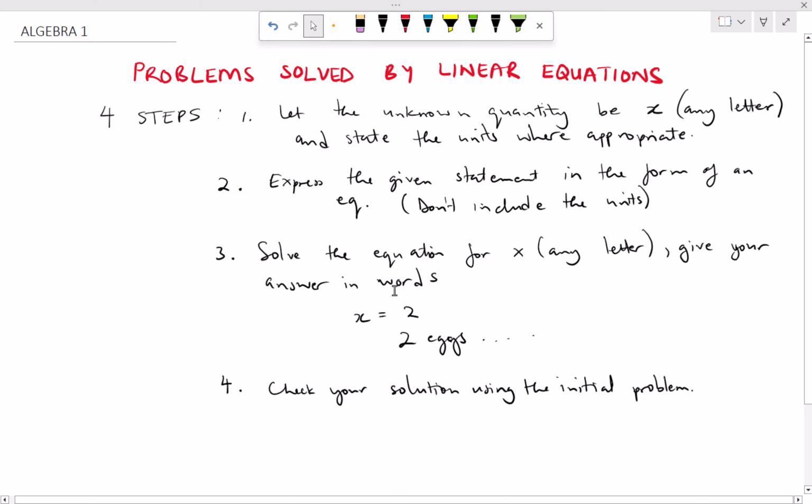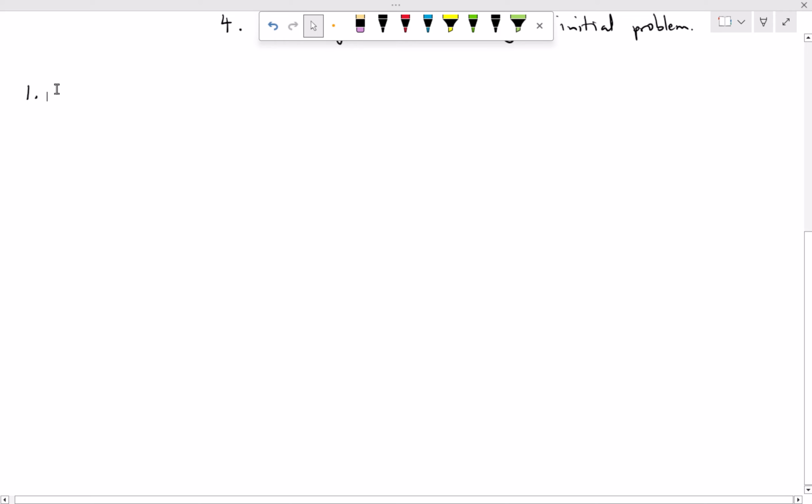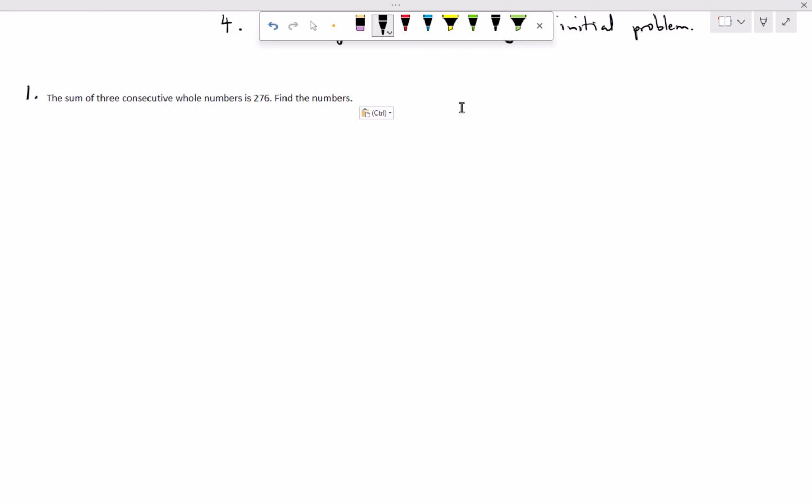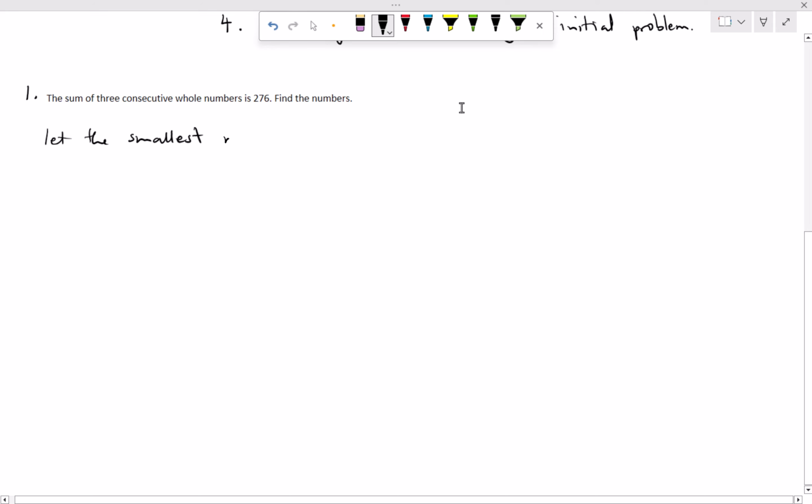Okay, so for number 1, we have this. The sum of 3 consecutive whole numbers is 276. Find the numbers. What we're going to do is to let the smallest number be x.